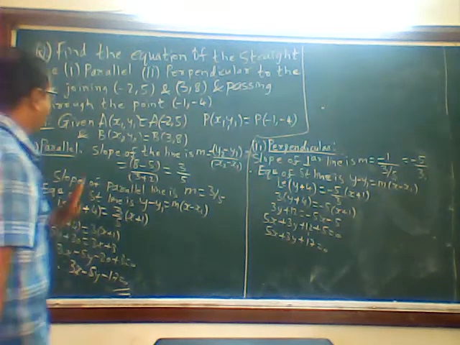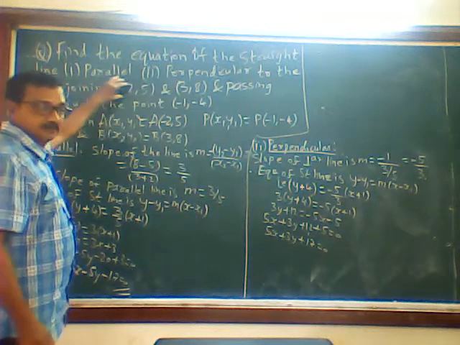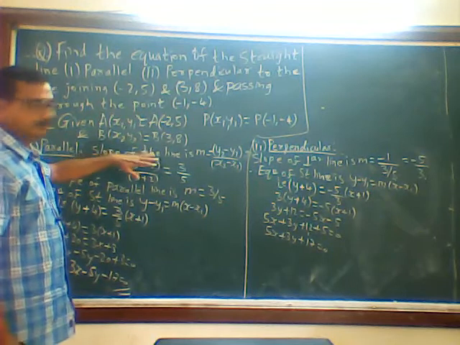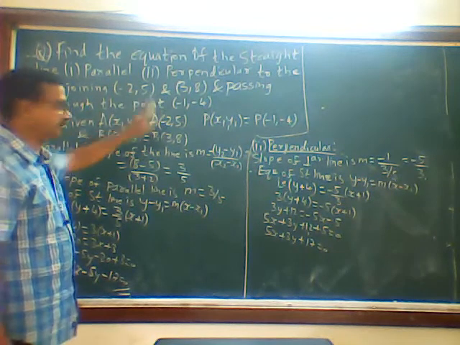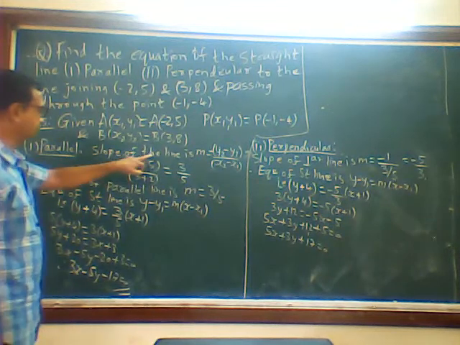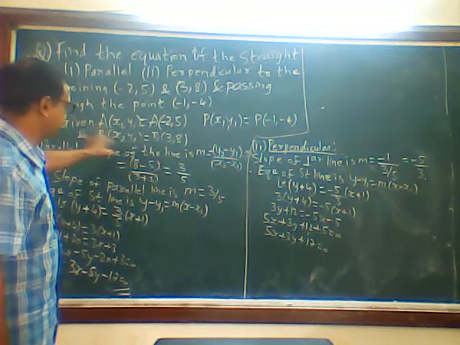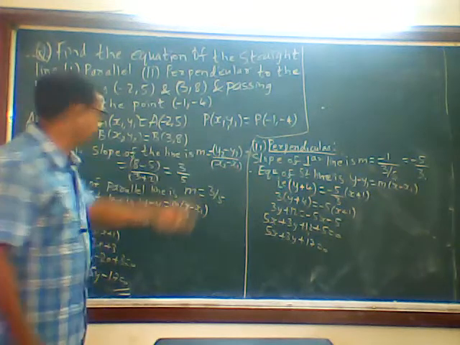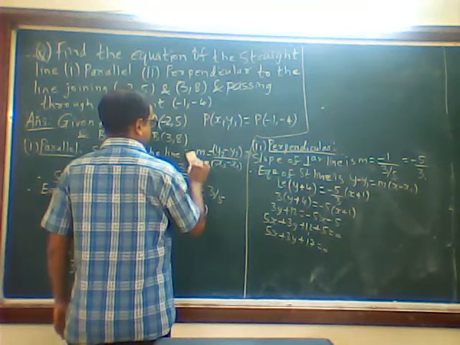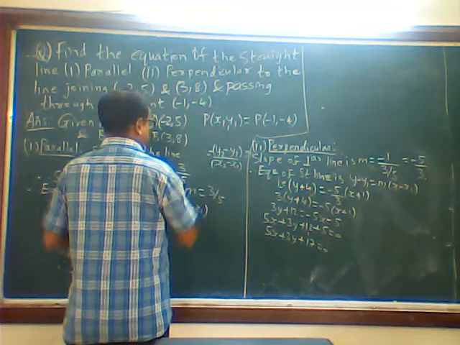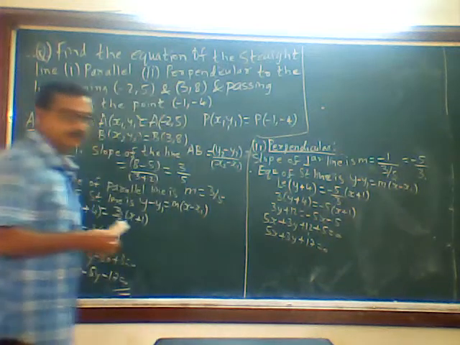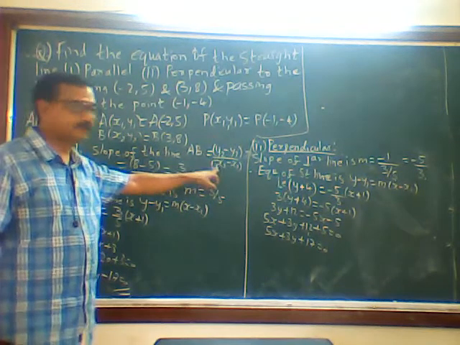In the previous problem, the line was given, so I found the slope of the line as minus a upon b. But here the line is not given, two points are given, that's why I named them A and B. That's why we say the slope of the line AB, instead of just m, is equal to y2 minus y1 divided by x2 minus x1.